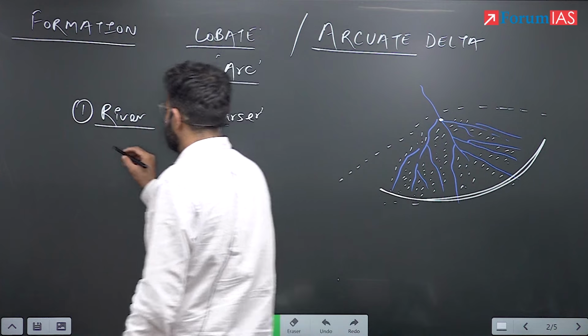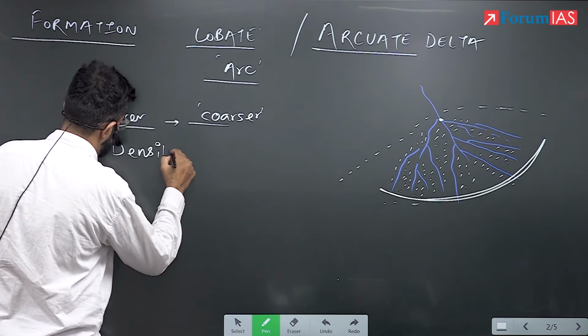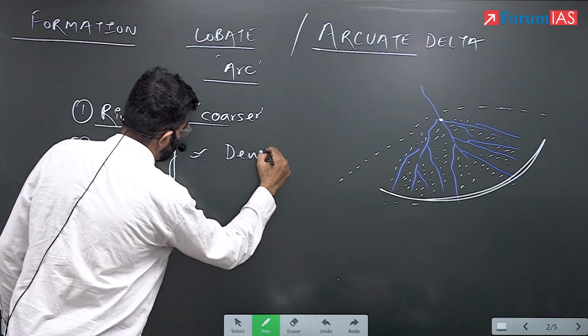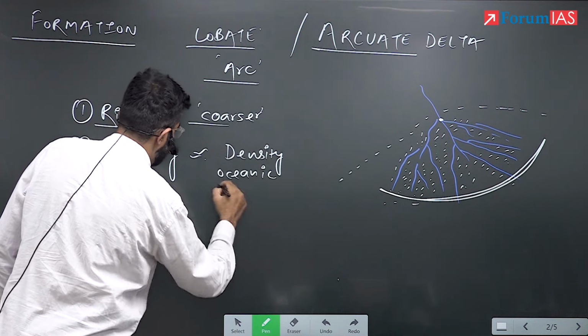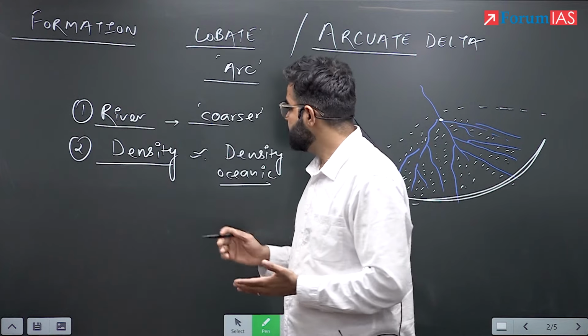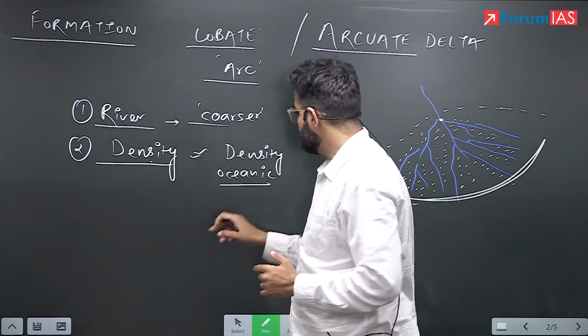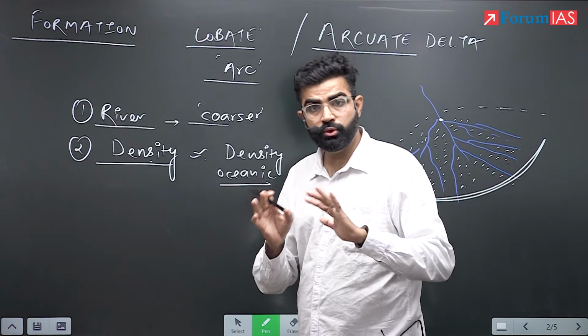The second thing is we are assuming the density of the river water is comparable to the density of the oceanic water. Okay, so what happens, in broad language, if the density of the river water is matching the density of the oceanic water? They both are denser, they both are heavier.